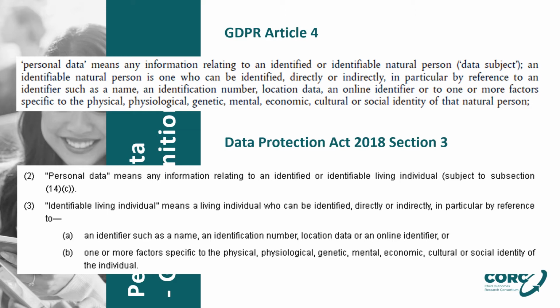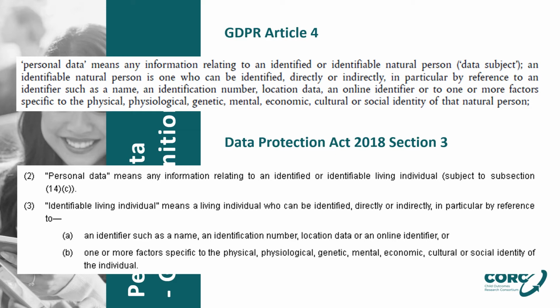First, can people be directly identified in the data, for example because their names or contact details are included. If the answer is yes, the data would be classed as personal data. If the answer is no, the second step is to consider whether people are indirectly identifiable.